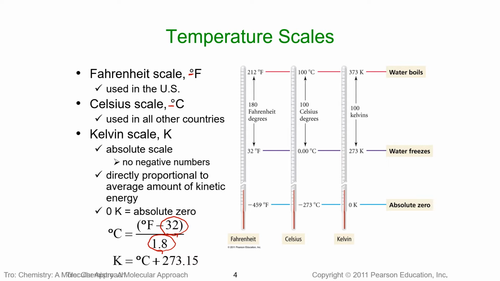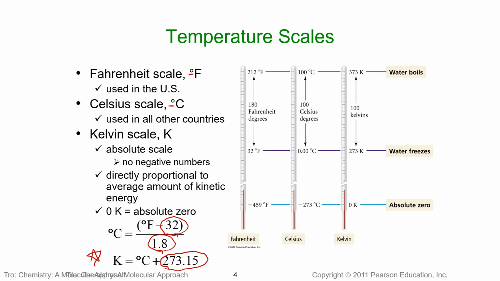For Kelvin, it's the degrees Celsius plus 273.15, and this again comes from the difference in the 0 point. So 0 degrees Celsius is 273 Kelvin. There's no division in this case because the degree sizes are identical.